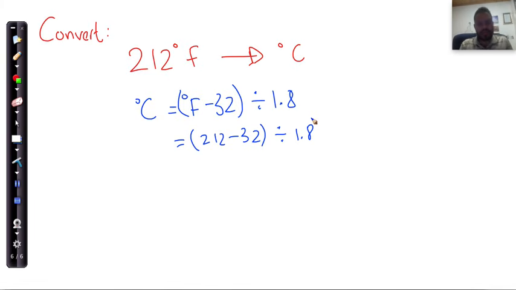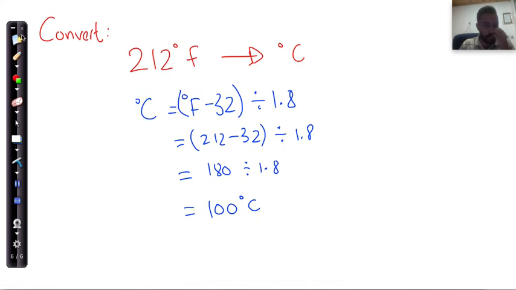Okay, so let's do that. 212 minus 32 gives me 180, and then I divide that answer by 1.8, and that's going to give me 100, right? And that's my answer, 100 degrees Celsius.